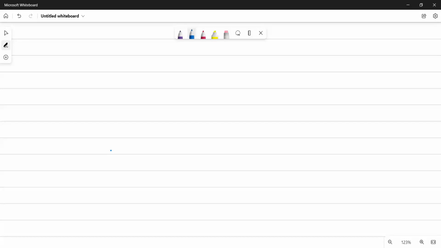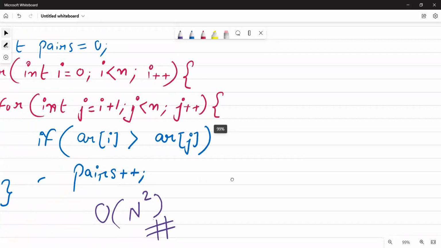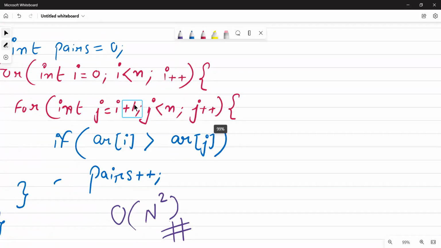Oh, about brute force. Okay, yeah, it can be done. And there is a slight mistake in this question. Since we are always taking it from I plus 1, the first loop can be boiled down to up to n minus 1. It will still work.